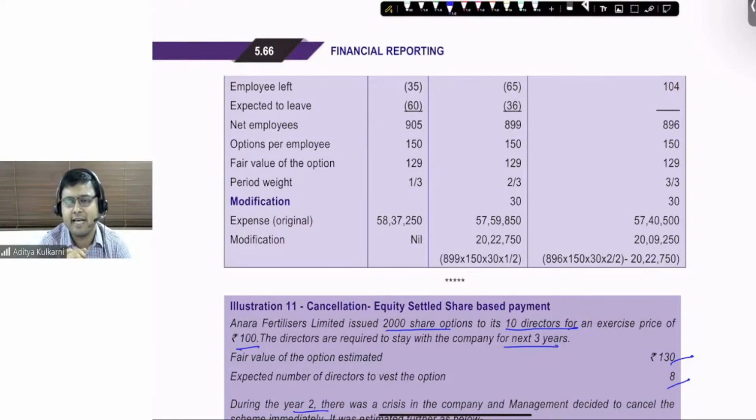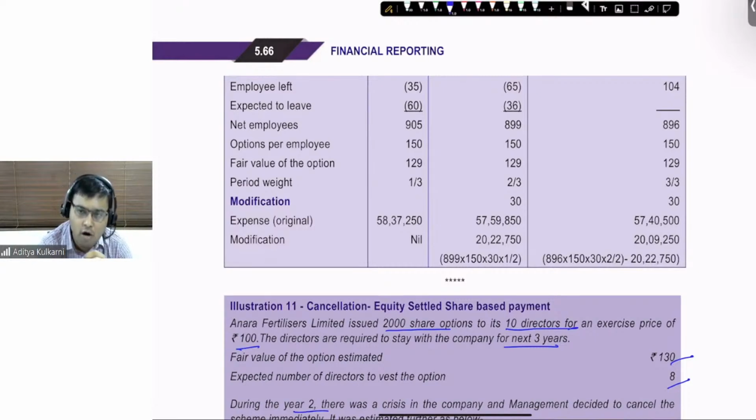You will record it as a new plan from the date of modification. Initial plan continues for its entire life. Modified plan will be treated as a new plan from the date of modification. How will I record the expense? By using the incremental fair value. What is the incremental fair value?